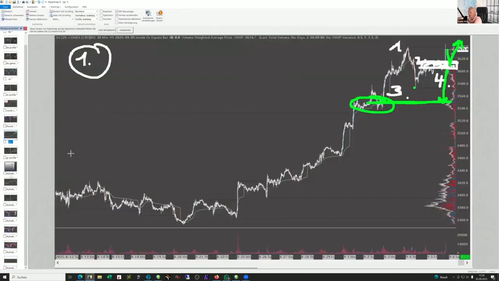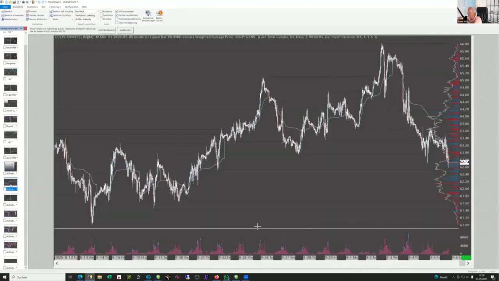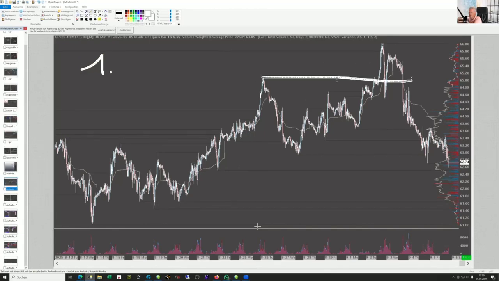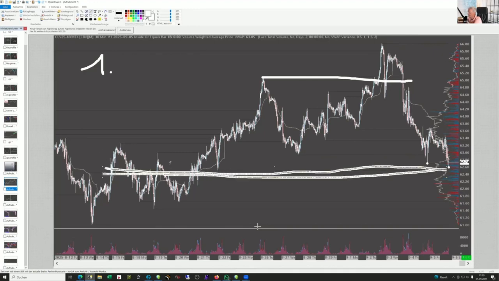Russell, gold. What is here? Here we have crude oil. And crude oil is also interesting. My quick watch. I think two days before, we thought we could go deeper. Now we are going deeper, and here we are inside the old supply and demand area.